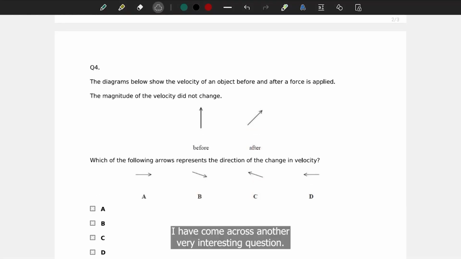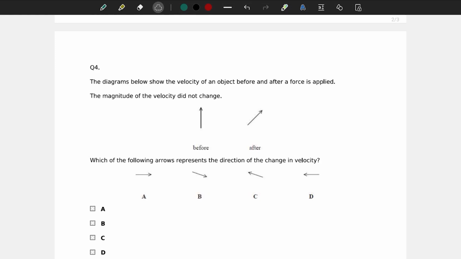Right, I have come across another very interesting question, guys. Through this question you will be able to see how we can view various types of questions from the vector perspective, and this is a very pure vector question. So I'm going to solve it for you. Now take a look at this.